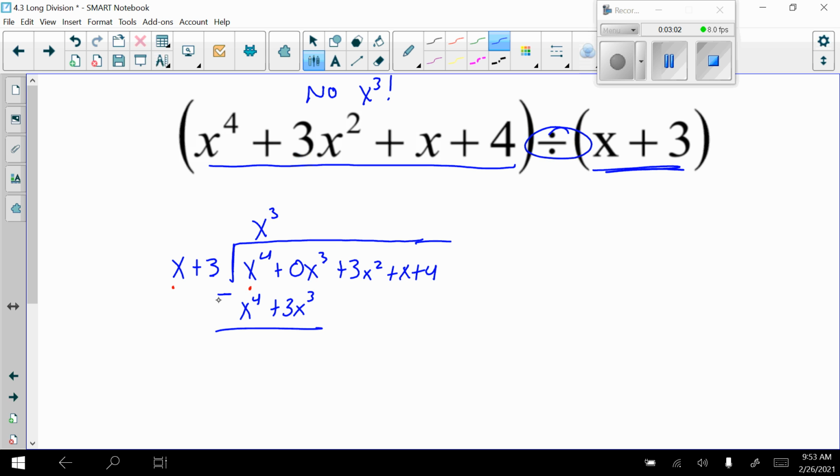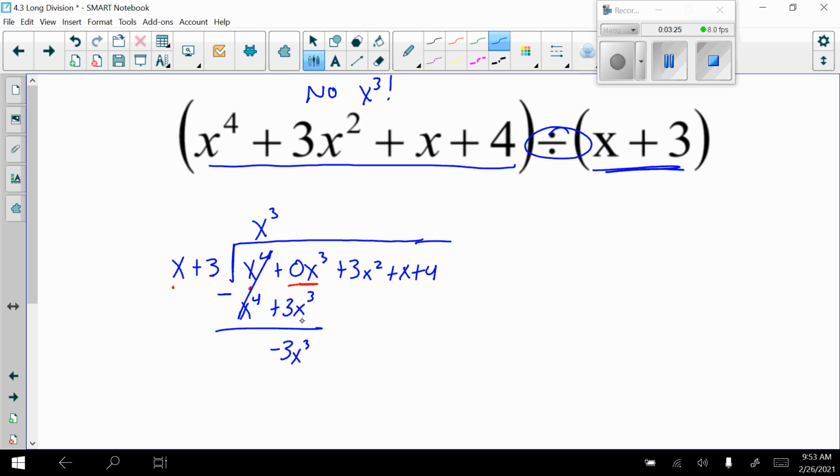So x to the fourth minus x to the fourth should cancel, and that should always be the case. And 0x cubed minus 3x cubed is negative 3x cubed. And that is why I needed to add in this 0x cubed, because if I didn't, this would be x squared, and I wouldn't be able to subtract these things.